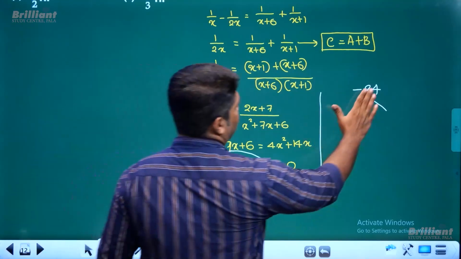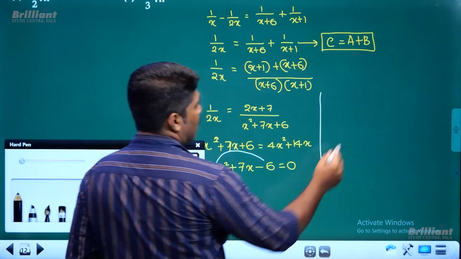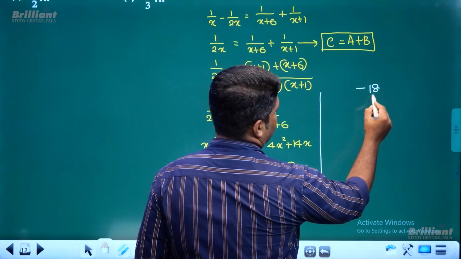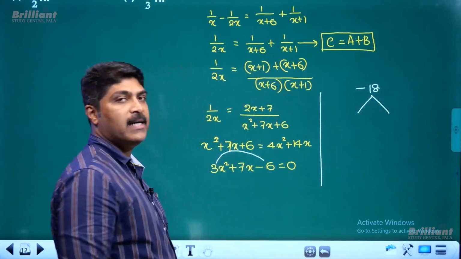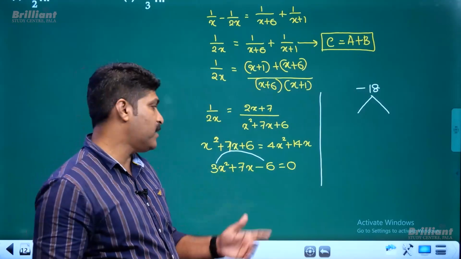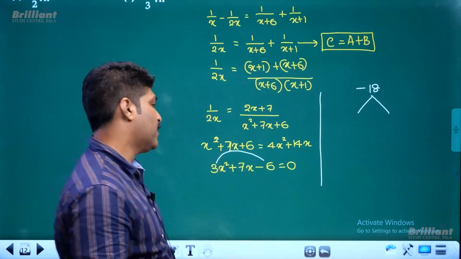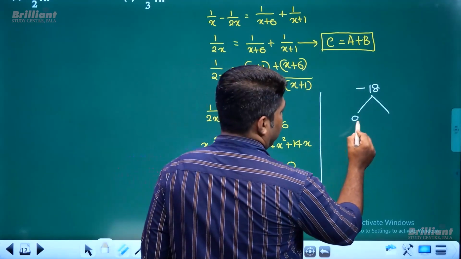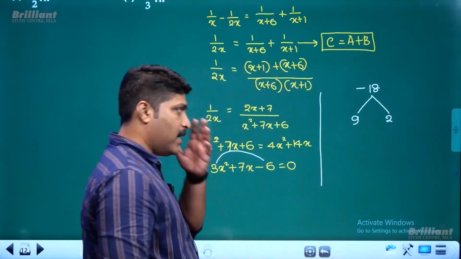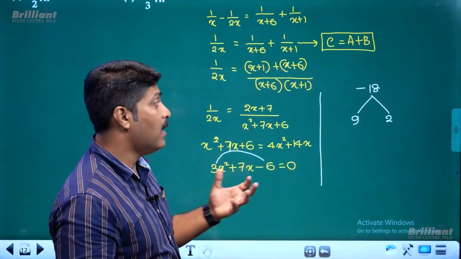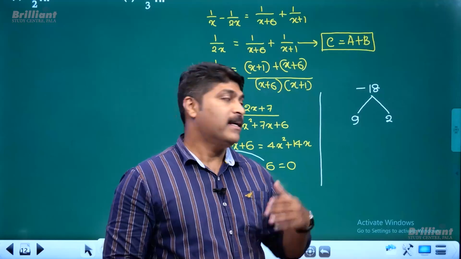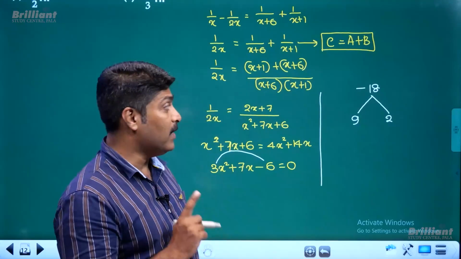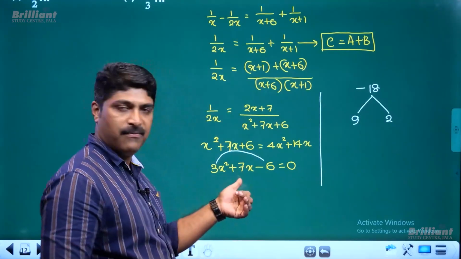Instead of this 24, that's equal to 18. So this is minus 18. Think about its 2 factors. The difference should be equal to 7. Why its difference? This is negative. Therefore, that's equal to 9 and 2. We got the factors 9 and 2. Their product is 18 and the difference is 9. Sorry, the difference is 7. That's the required difference here.